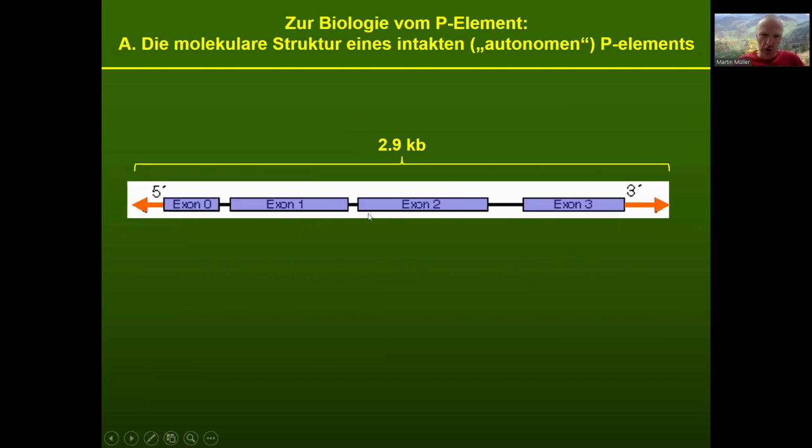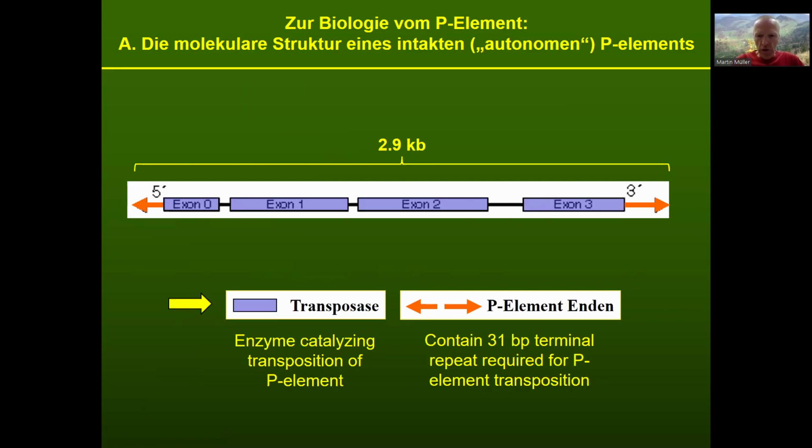It's short, only 2.9 kb in size, and it contains one gene, this blue gene here. And it also contains these funny ends, inverted repeats, or ends containing inverted repeats. So these are the two important components of the transposon.